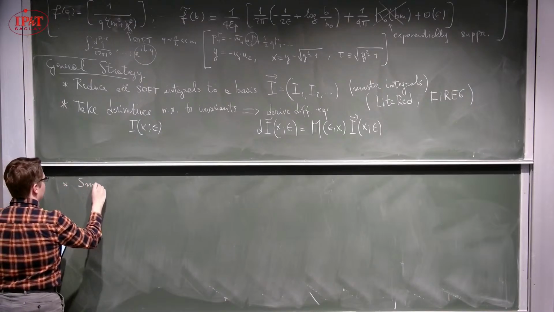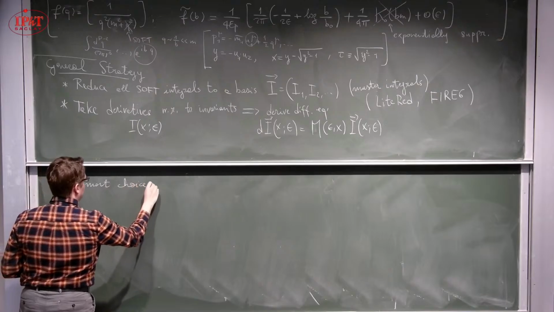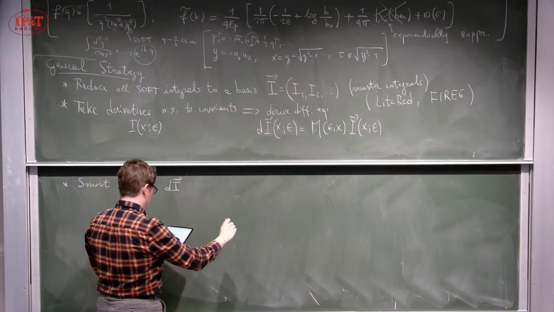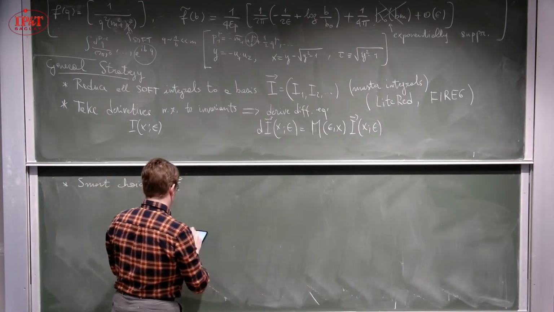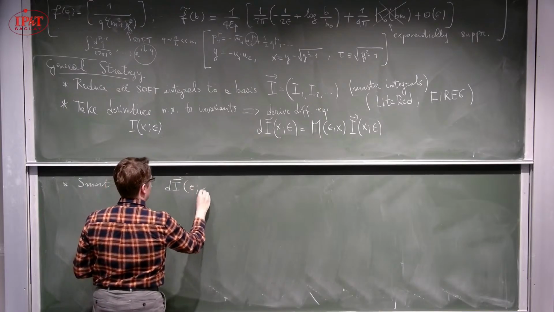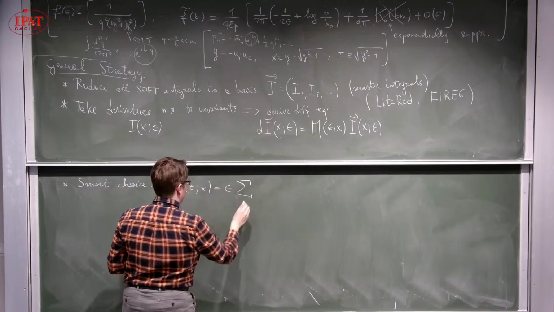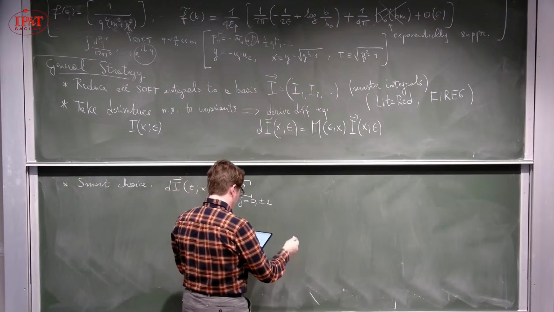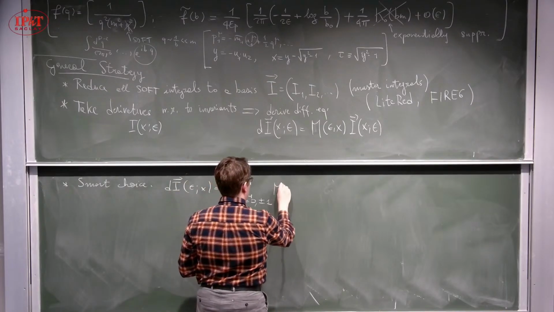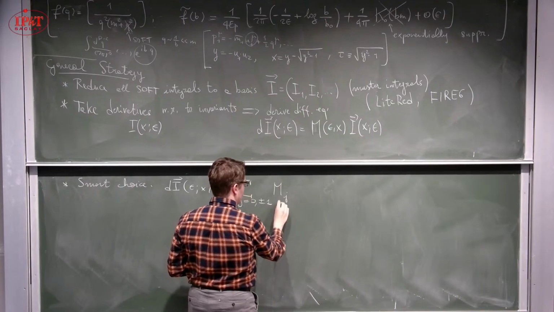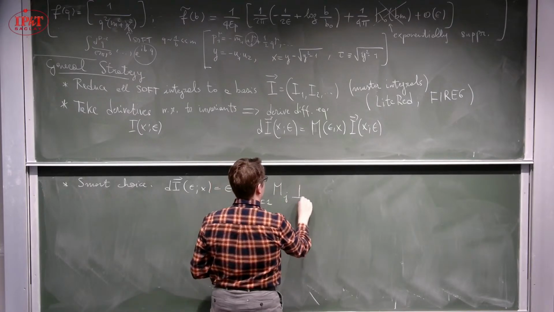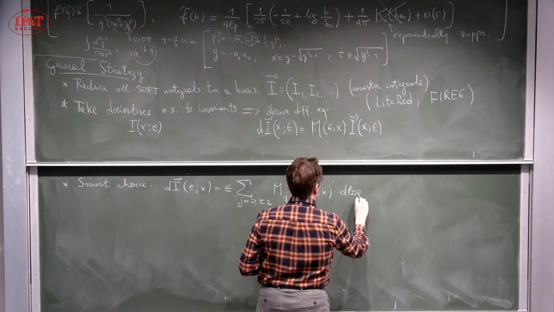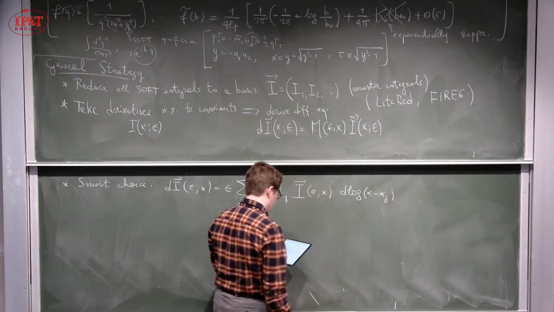So a smart choice is the choice of I such that there is some sum over roots. In particular, in our case, it will be 0, plus, and minus 1. Some matrices which are numbers, matrices of numbers like 3, 1/2, something like that, times d log of x minus this x_j.